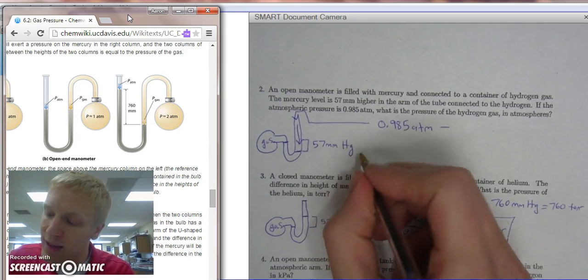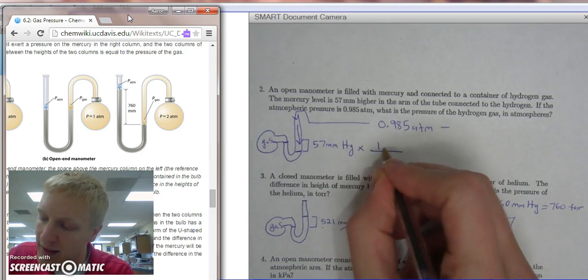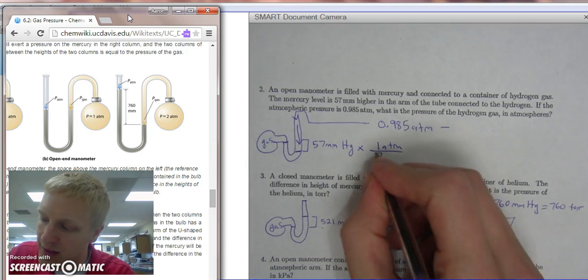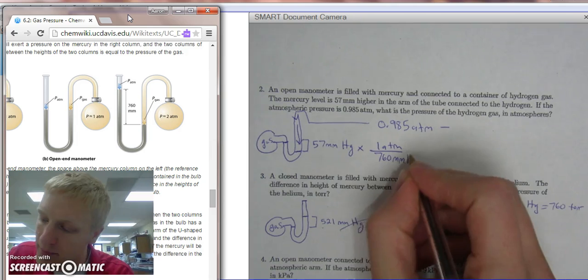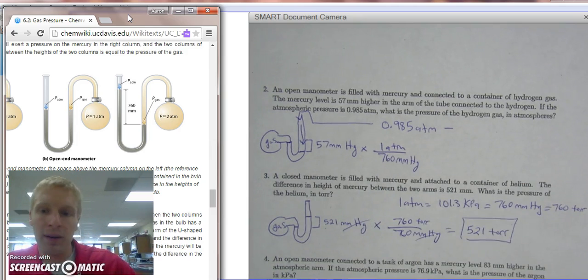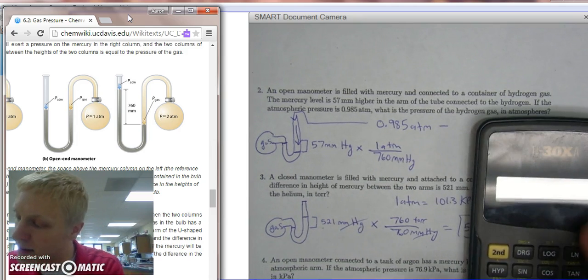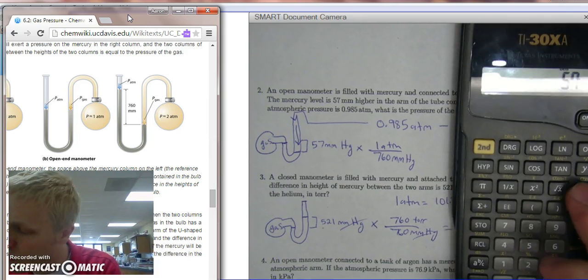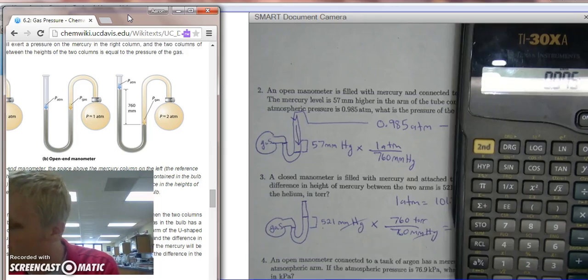But before I do that, I need to convert into atm. So 1 atm goes on top, and 760 mmHg goes on the bottom. For this one, I'm going to need my calculator that I bring to class every day. Type in 57 times 1 divided by 760.